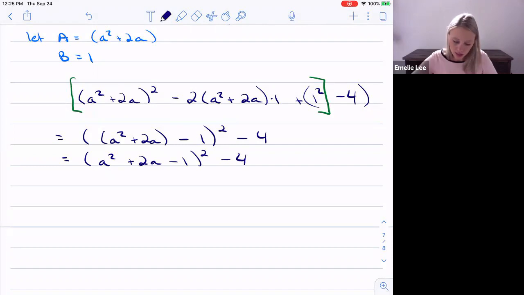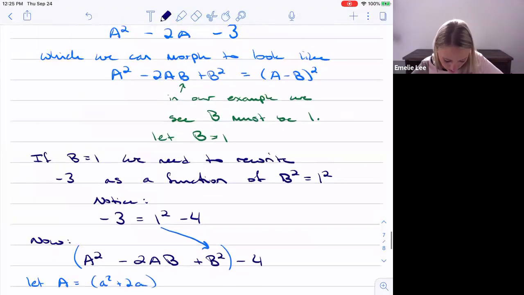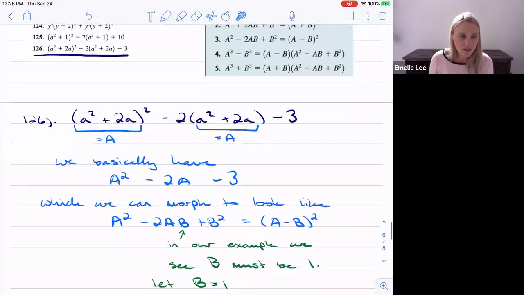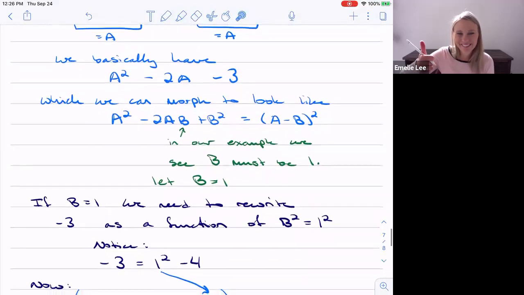Yeah, so if we go back up here, I'm saying that a squared plus 2a, so that's inside the brackets, is a. So then this whole term is a squared, and then this would be minus 2a because it's not squared. Cool. All right. Awesome.